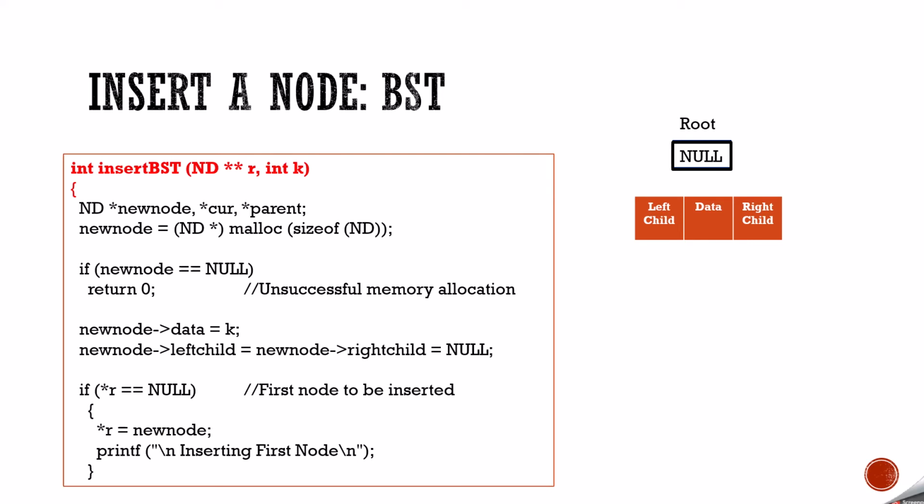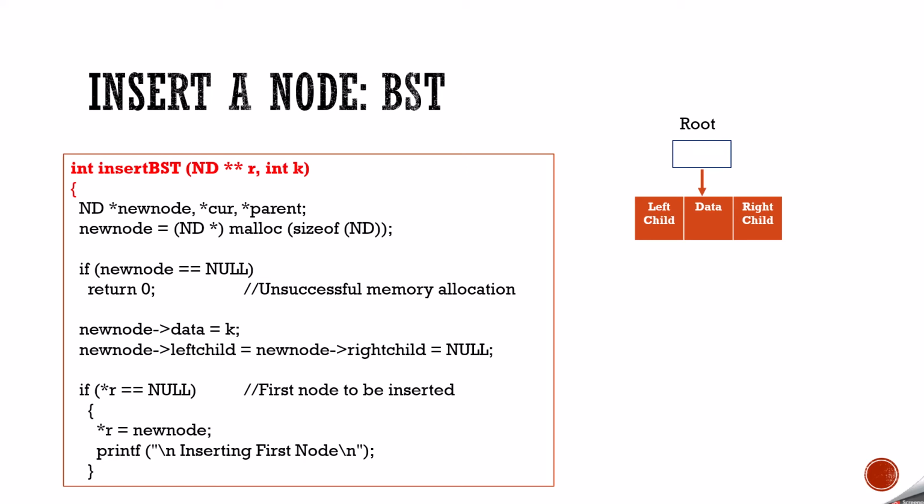Star r means the content of the location of the root. So this way we are going to make a link between them, and obviously we are overwriting null, and it will now contain the address of the first node, and then you can give a message that yeah, we have inserted a first node. However, this is optional, you can omit that printf.